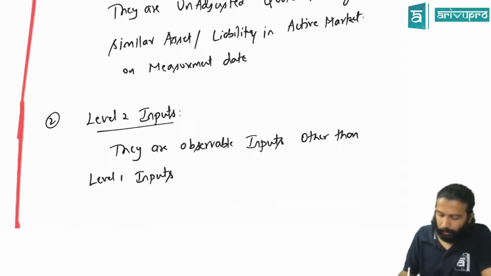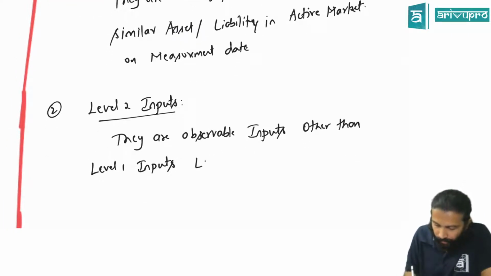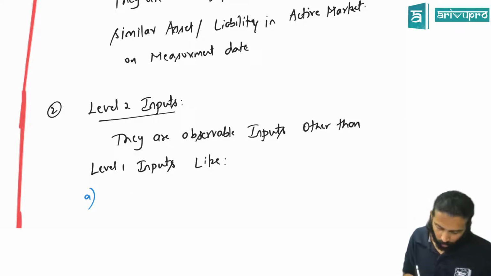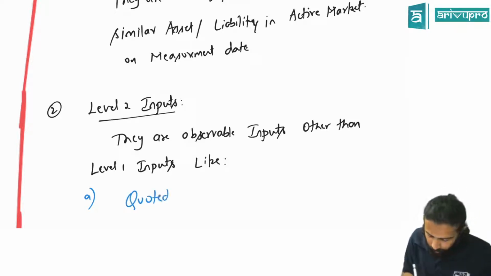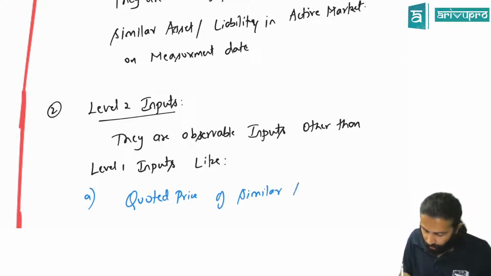They are observable inputs other than Level 1 inputs, like: point A, quoted price of similar asset or liability in active market.